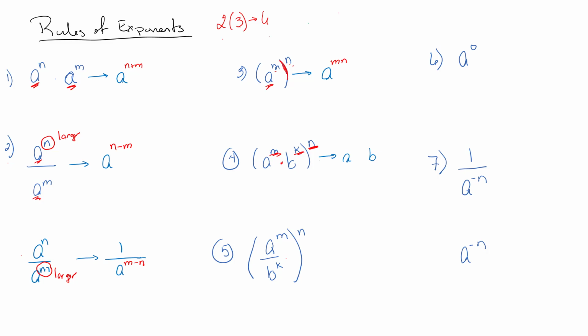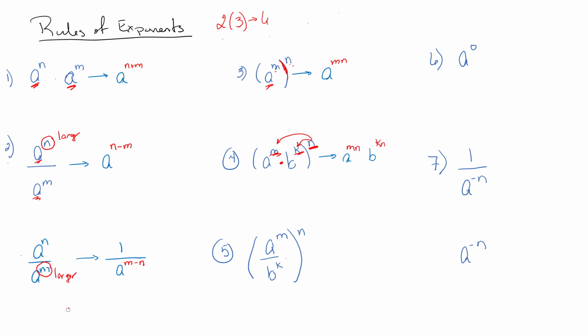Notice between the two bases is multiplication, and that's extremely important, otherwise you would not be able to do this. So since it is multiplication, I am basically going to distribute the exponent on the outside to the two exponents on the inside. So on the A, you have m times n, and on the B, you have k times n. Make sense? And it just piggybacks off that third rule.